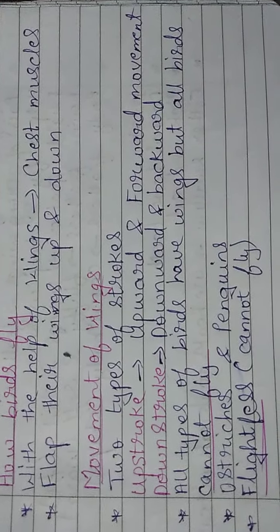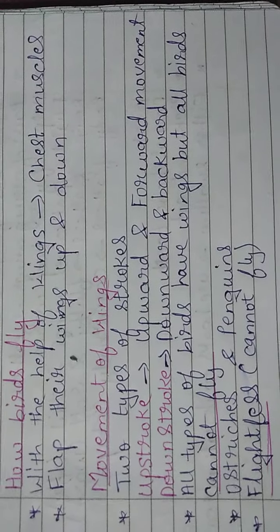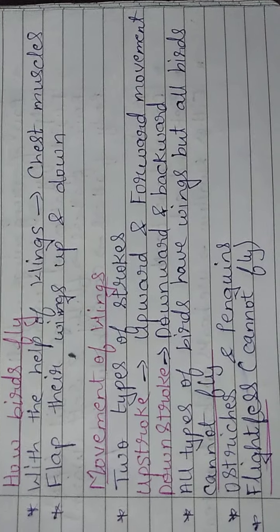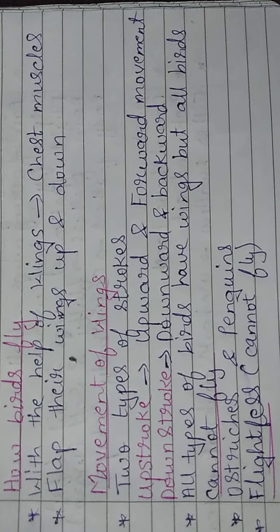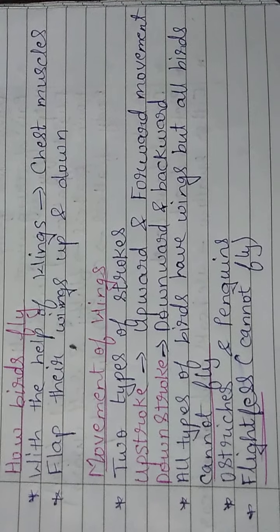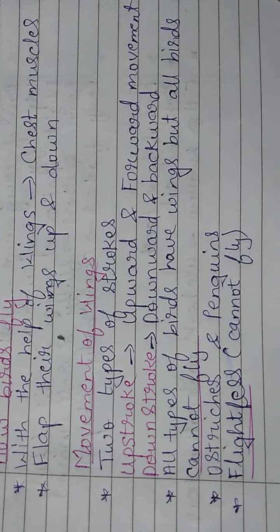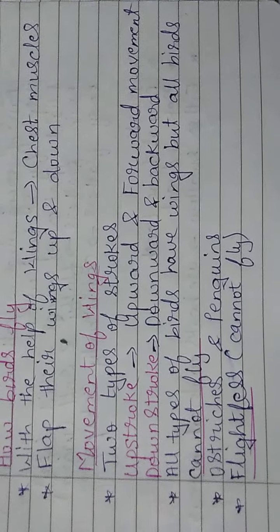Okay, strokes means movements. So the wings of the bird perform two types of strokes or movements during flight. That is, when they are flying, they perform two types of movements. The first one is upstroke and the second one is downstroke.